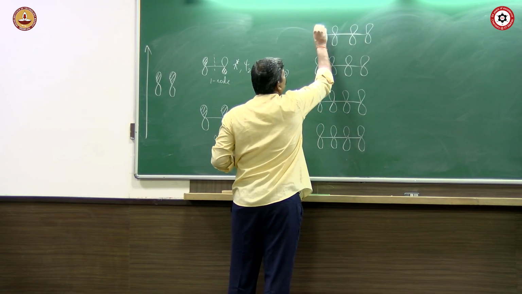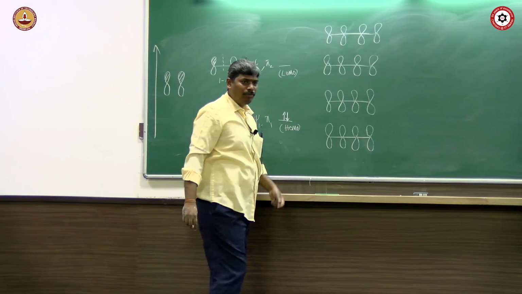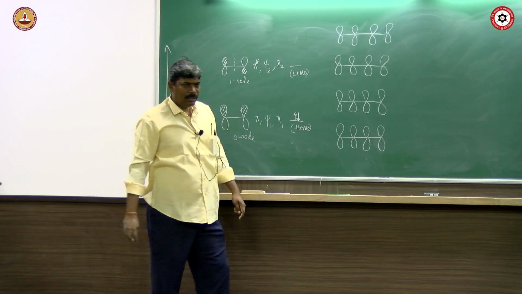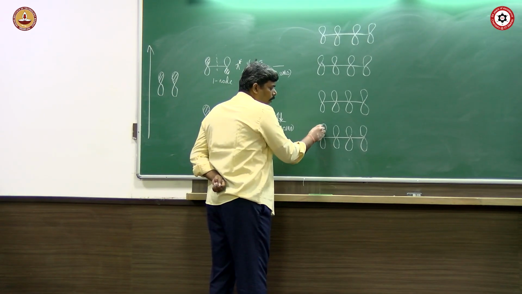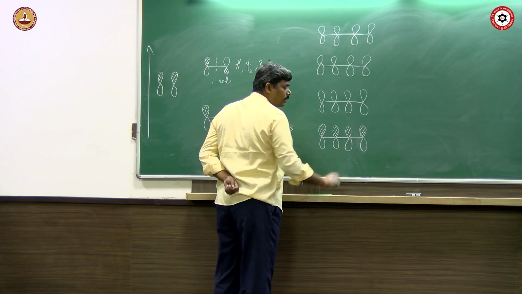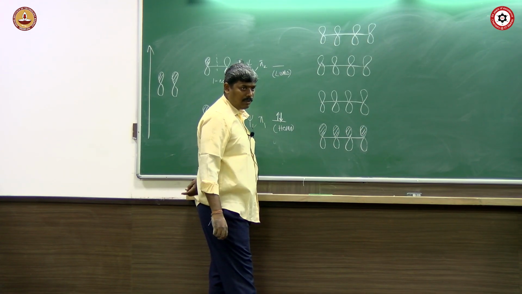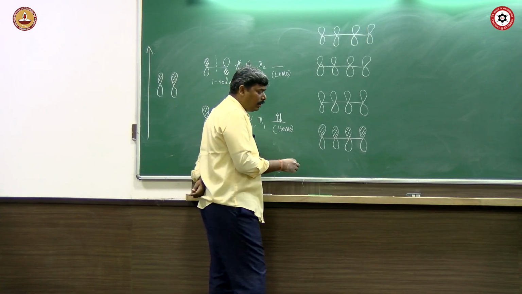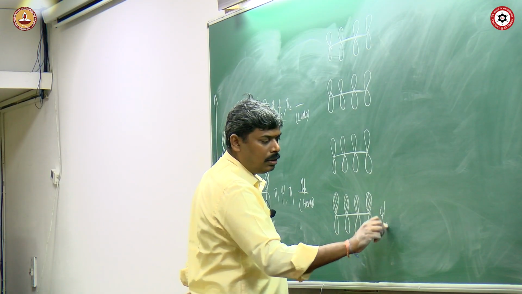So you will have 4 molecular orbitals generated. Then I look at 0 nodes, that means the phase, the sign of this orbital coefficient will be the same. The plus means plus for all of them. So 0 nodes, this will be psi 1.